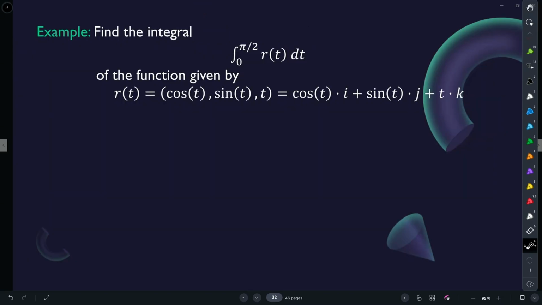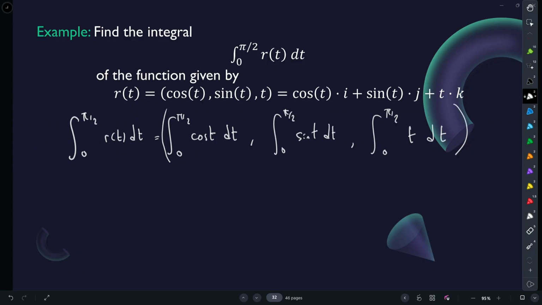So for example, if I want to find the integral from 0 to pi over 2 of r(t) dt, where r(t) is the helix that we had before, it is going to be 3 integrals from 0 to pi over 2, one for each of the components. The integral of cosine t is sine t between 0 and pi over 2.